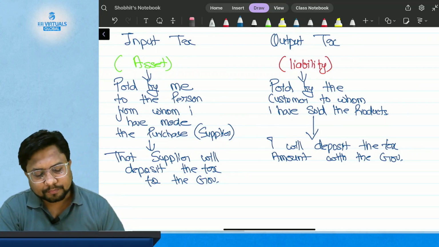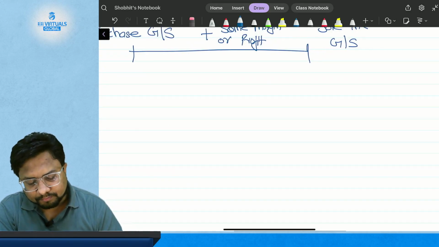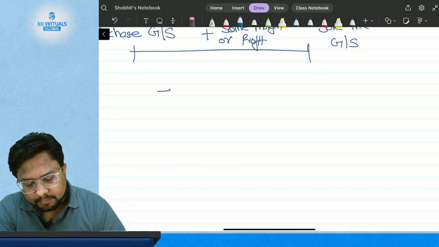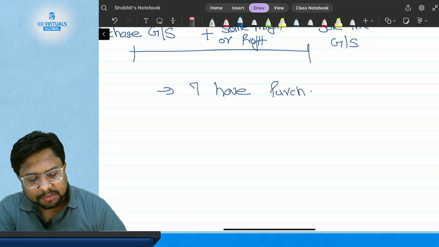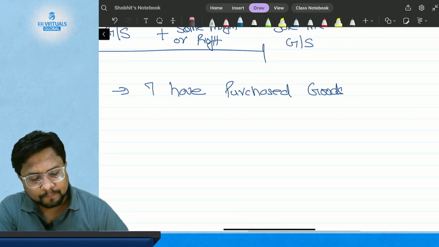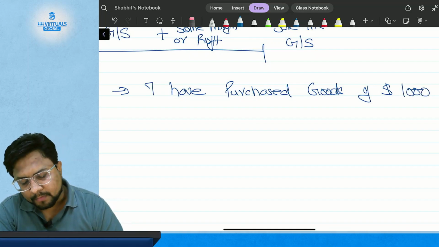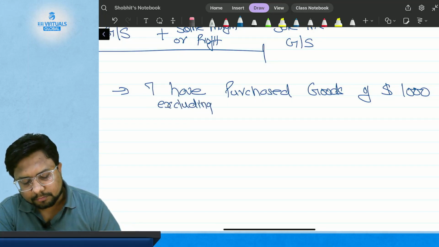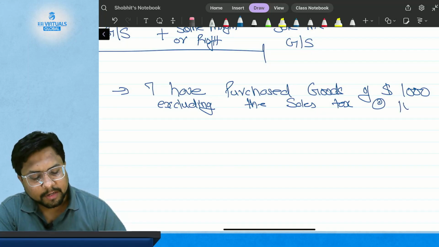Okay, now let's understand with an easy example. Suppose I have purchased goods of $1000, excluding the sales tax at the rate of 10%.